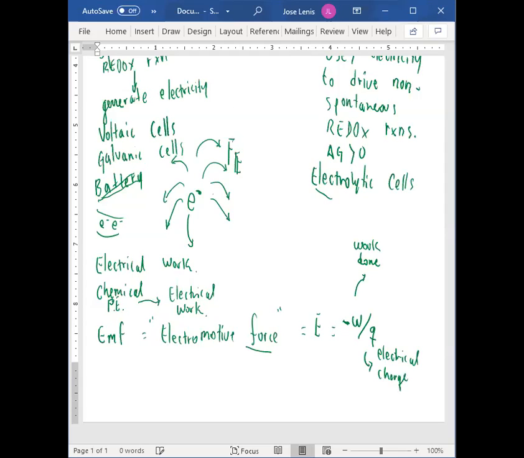And the unit of electrical charge is coulombs. A coulomb is the international system SI unit of electrical charge, and the symbol is capital C. That unit is the amount of electrical charge, Q, transported by a constant electrical current of 1 amp in 1 second.